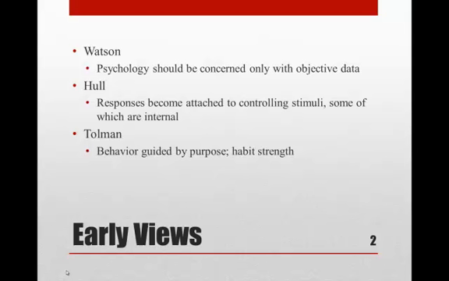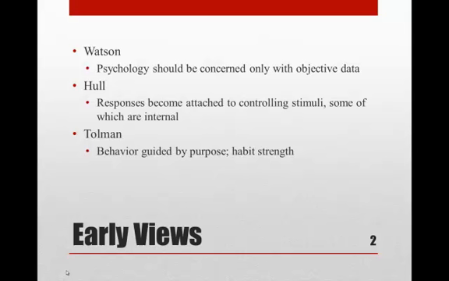Hull suggested that there are some things inside of us that influence how we respond, and that we don't just respond to a stimulus. There's something out in the environment we may or may not choose to respond to, and some of the things that help us determine whether or not we're going to respond are internal.